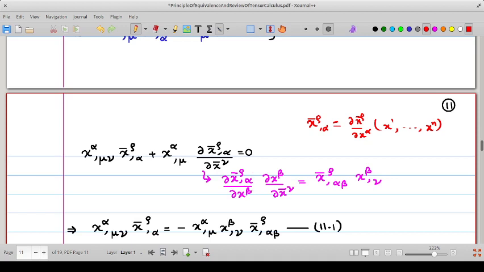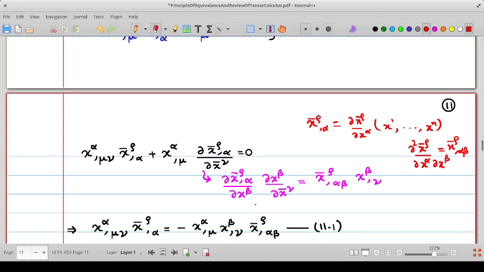But now this quantity is the derivative of x bar rho with respect to x alpha and x beta, which is nothing but d square x bar rho by dx beta dx alpha, which we denote as x bar rho comma alpha beta. And as before, x bar rho comma alpha beta is equal to x bar rho comma beta alpha.